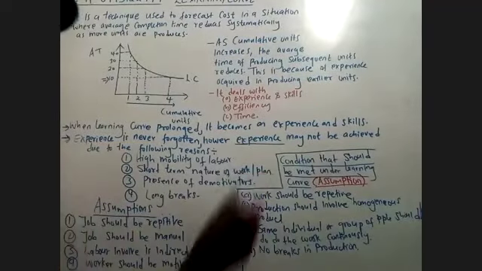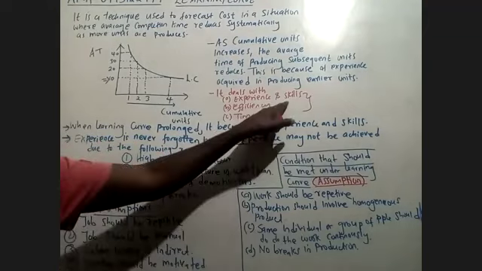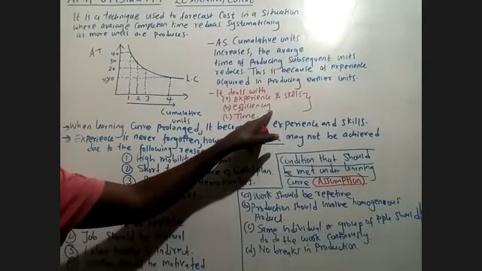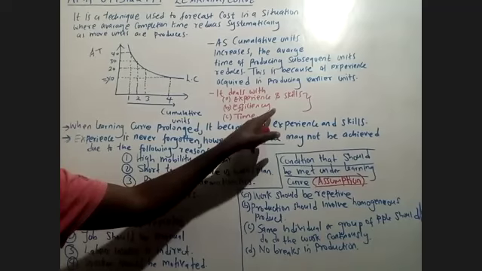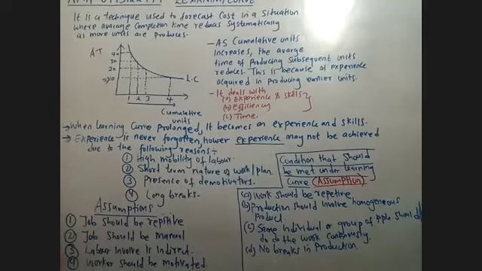Now, these three concepts are related. As we keep on adding skills and experience, we keep on doing the job efficiently. And as we keep on doing the job efficiently, we keep on reducing the average time.